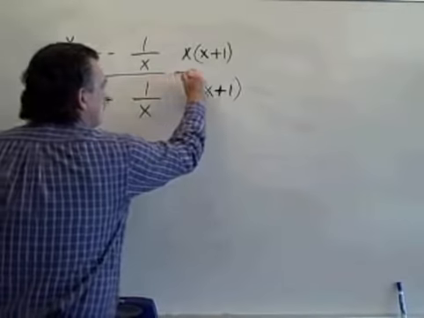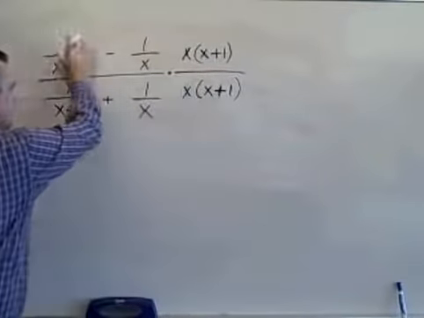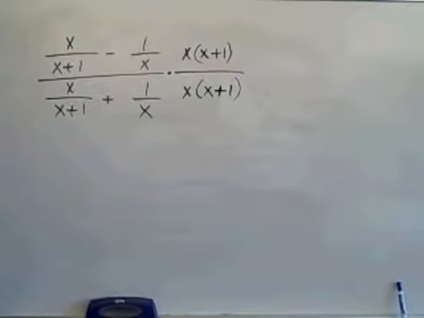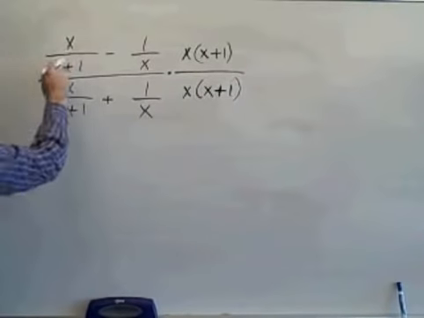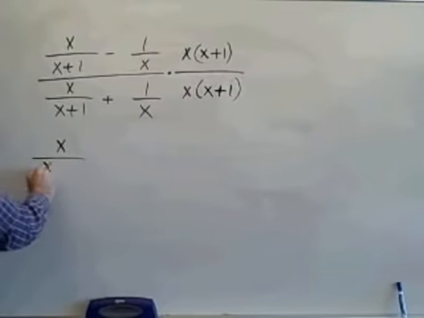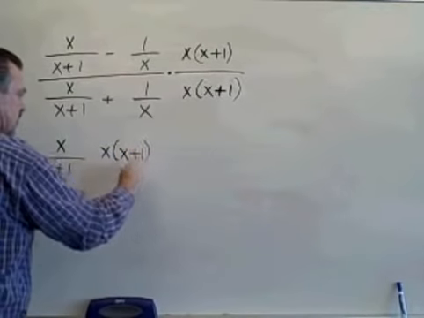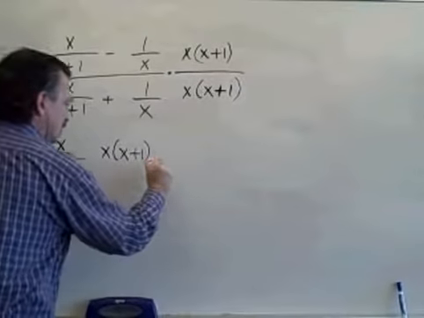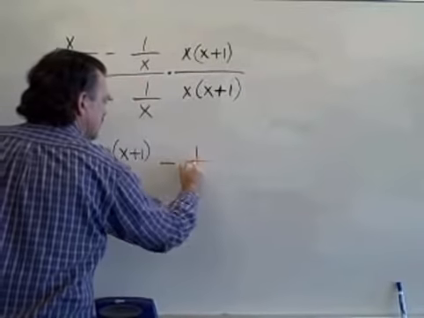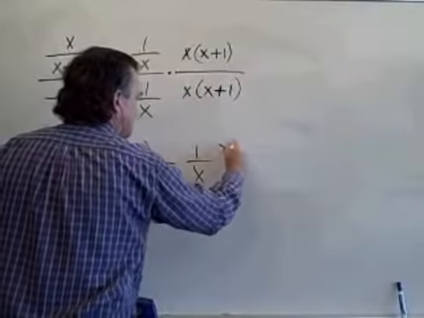So I want to multiply these fractions by the pair of factors x, x plus 1. So I'm going to take this term and multiply it times x plus 1 minus this term multiplied by that pair.